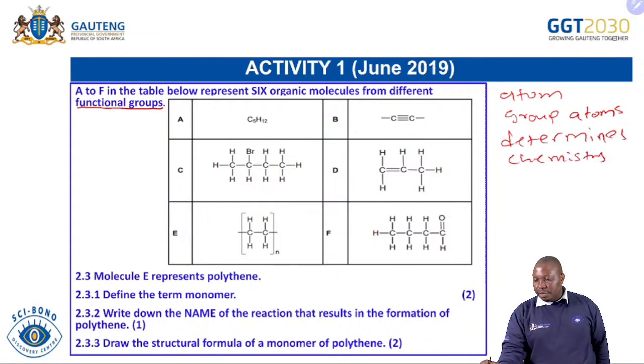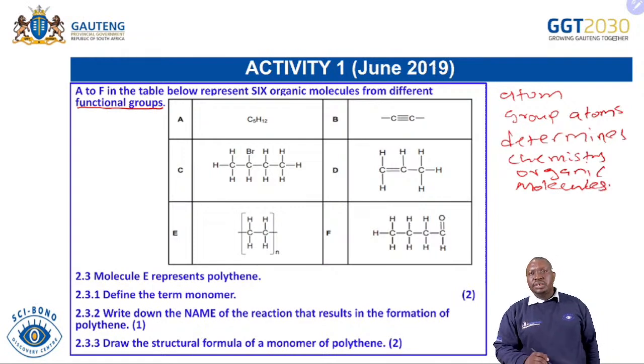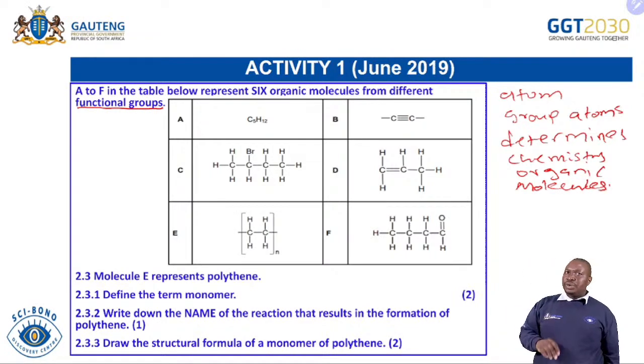So the chemistry of organic molecules is determined by this atom or group of atoms. So you have to know that definition of functional group. It's an atom or group of atoms that determines the chemistry of organic molecules. So that is the first thing that you will ask yourself. Because what we are emphasizing when you get questions: analyze and understand them before you even start to answer.